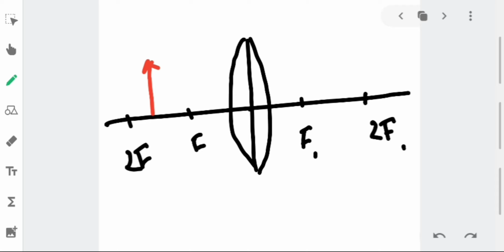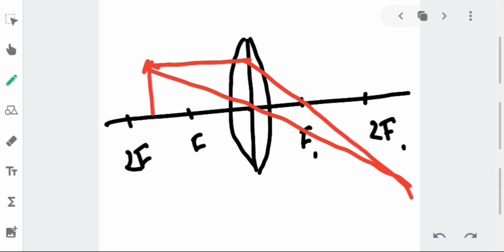When it is placed in between 2f and f, the ray will hit the lens parallel to the x-axis and it will pass through the focus. One more ray will pass through the pole of the convex lens. Hence we get the image that is beyond 2f2. So this is the diagram.